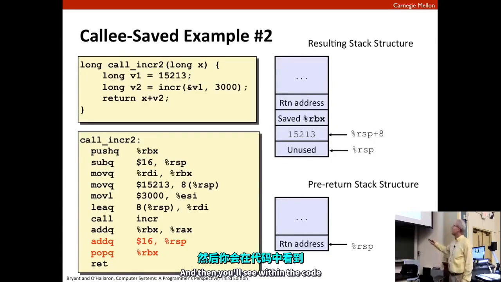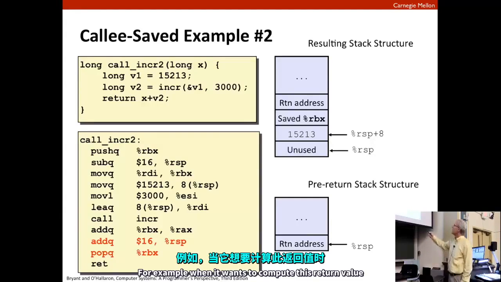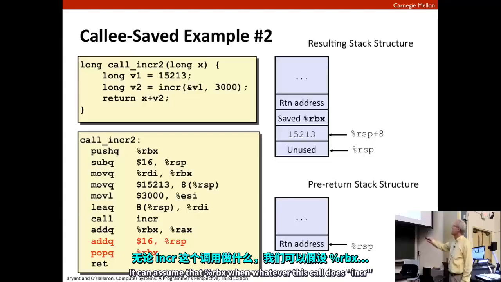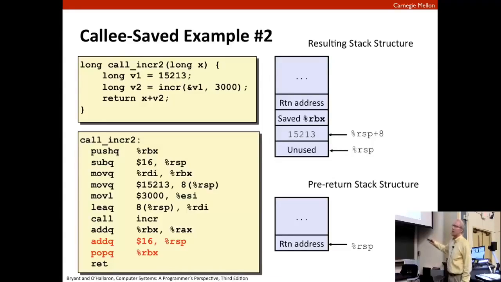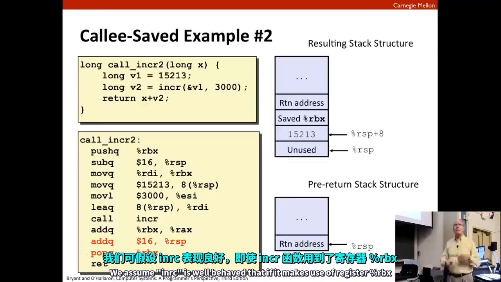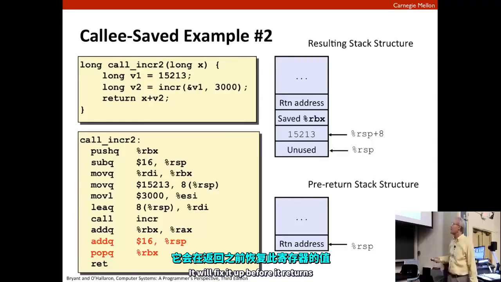And then you'll see within the code, for example, when it wants to compute this return value, it can assume that RBX is preserved. Whatever this call to inker does, we assume inker is well behaved: if it makes use of register RBX, it will fix it up before it returns.